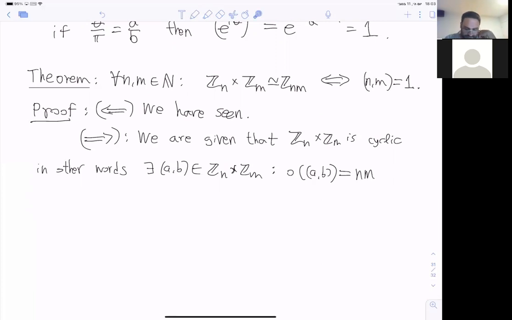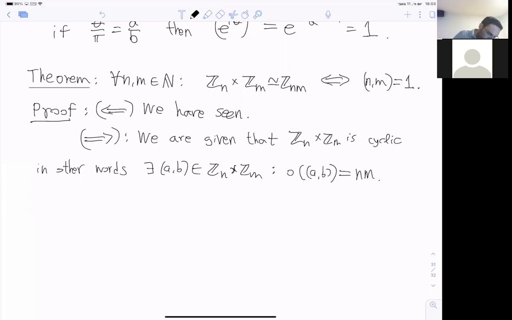It doesn't go back to (0,0) before it has covered all nm elements here. Now we want to show that this implies that n and m are coprime.